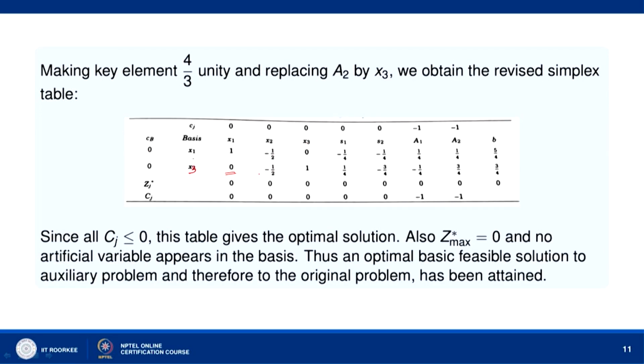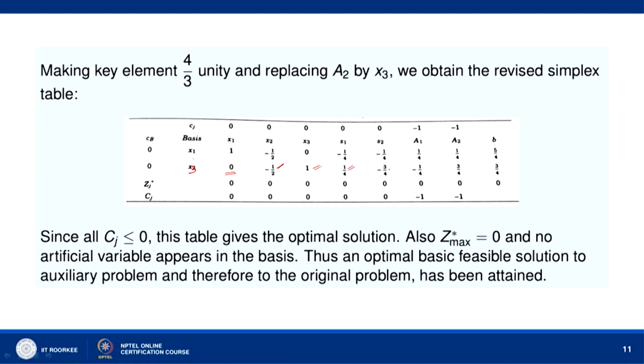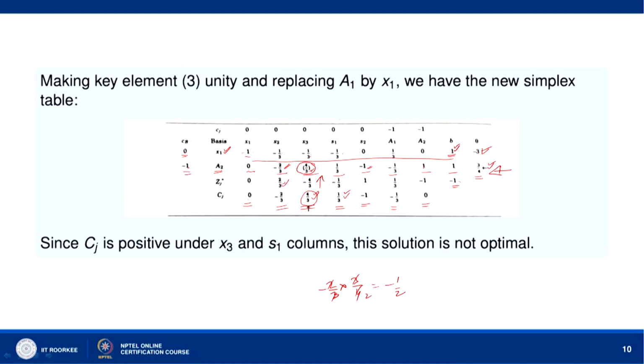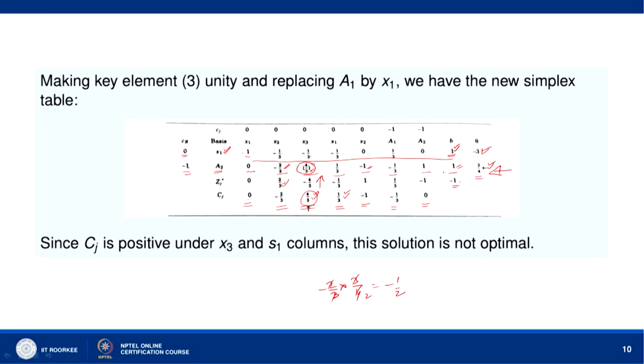And this element will become minus 3 by 4, and this element will become 1 into 3 by 4, so this will become 3 by 4. This one is 3 by 4 also.